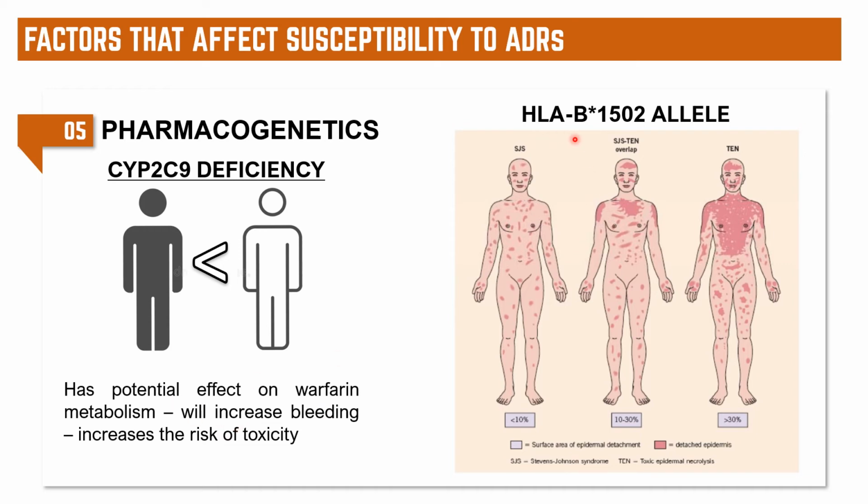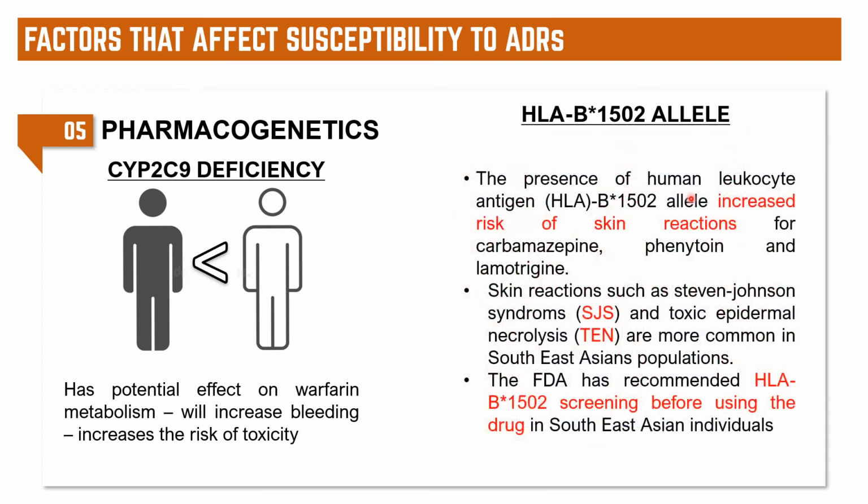The presence of the HLA-B*1502 allele is highly associated with the outcome of carbamazepine-induced Stevens-Johnson syndrome, known as SJS, as well as toxic epidermal necrolysis, known as TEN. The presence of the human leukocyte antigen allele, HLA-B*1502, for which genetic testing is already available, indicates an increased risk of skin reaction for carbamazepine, phenytoin, as well as lamotrigine.